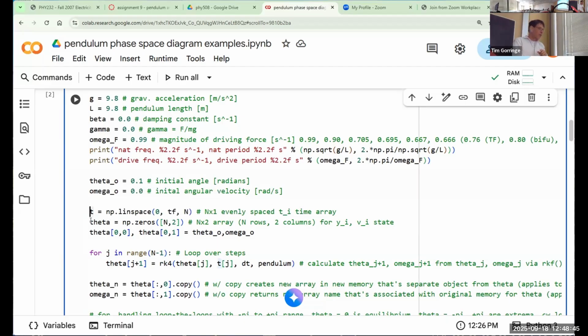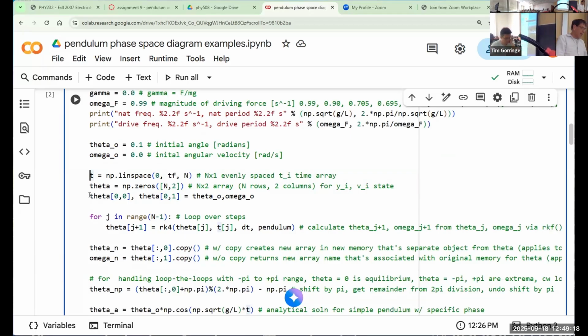I need my proxies for the phase space coordinates, as we're now calling them, the theta and the omega. So I'm defining that proxy, that meta variable, as this n by 2 array, where there are n rows for all the times, or the ticks, and then there are 2 columns for the theta coordinate and the omega coordinate, and that's exactly what we did before.